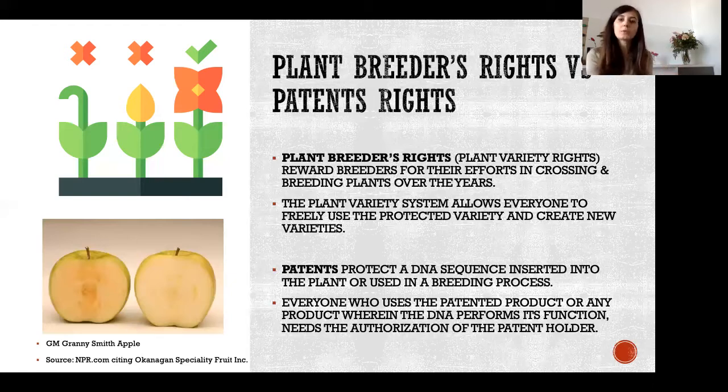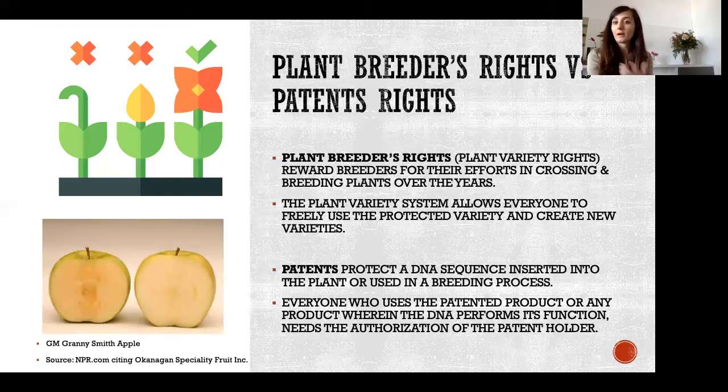And the problem with patents, some call it a problem, some might not, but contrary to plant breeders' rights, patents do not allow anyone to use freely the patented material. So if anyone would like or needs to use the DNA sequence in the breeding process, they would not be able to do so without a patent license.